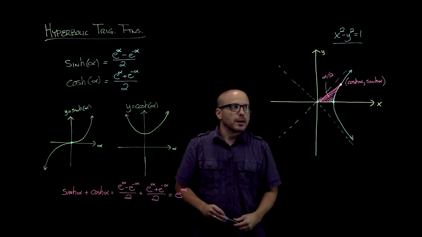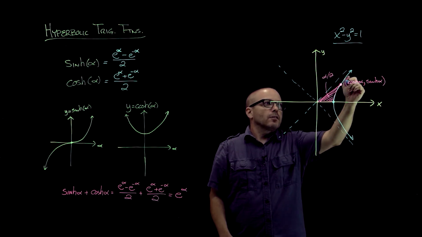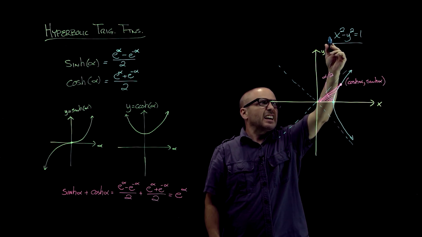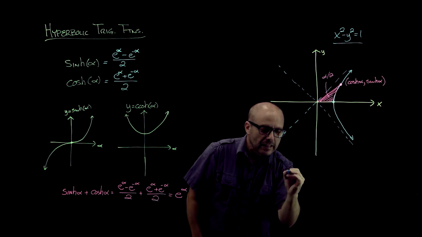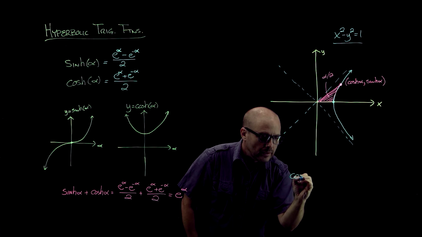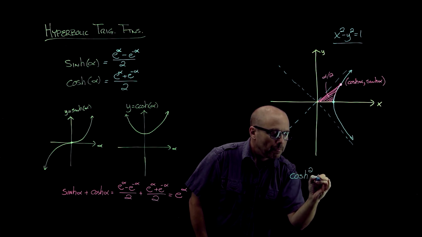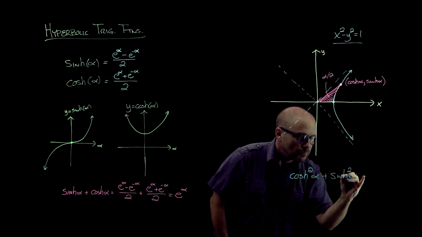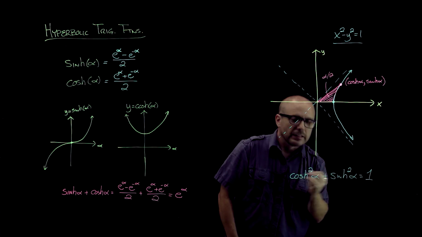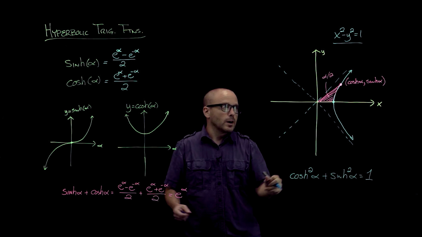While I have that up there, the foundational identity: if hyperbolic cosine is x and hyperbolic sine is y, from the fact that that's our equation, we get our identity. It looks a lot like our Pythagorean identity for trig functions, right? Sine squared plus cosine squared is 1.